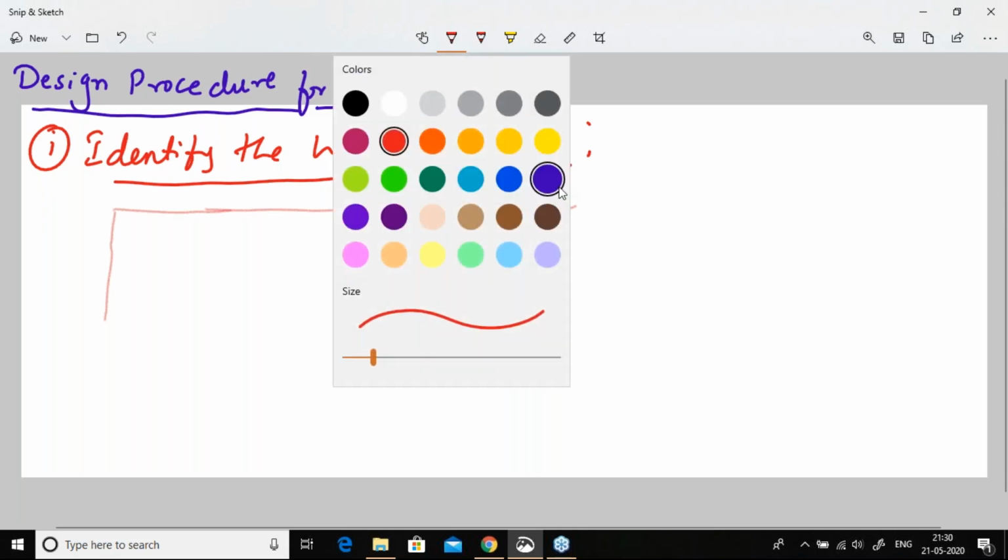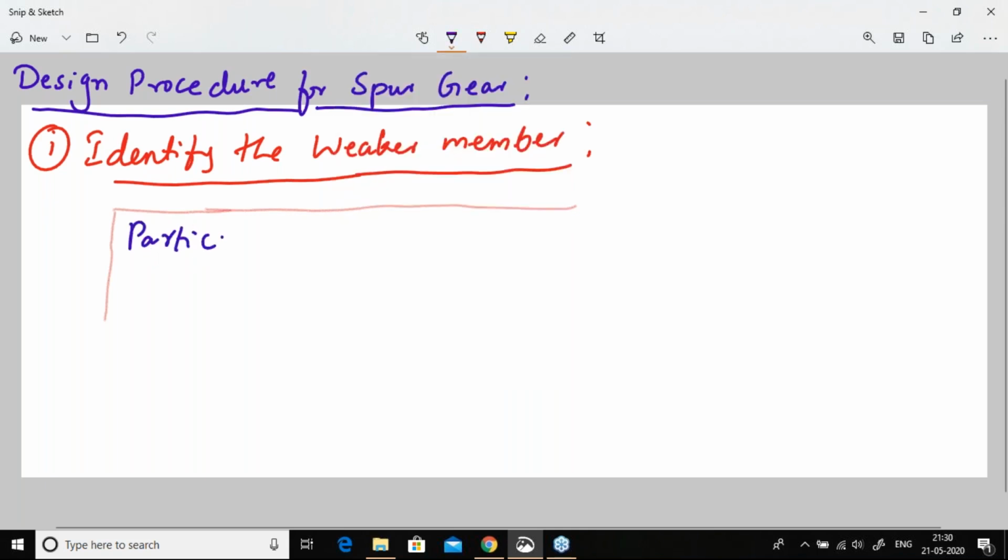First column is particulars. Second one, sigma naught. Third one, y. Fourth one, sigma naught into y. And fifth one, remarks.